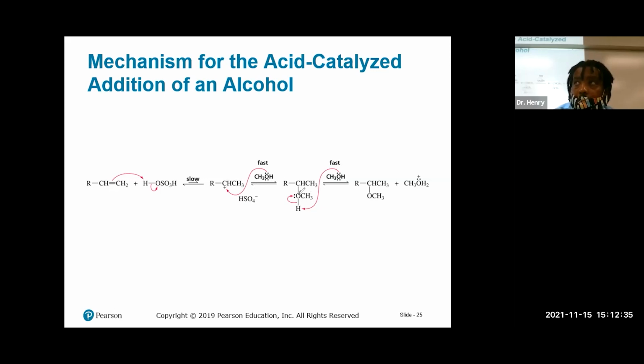So then another alcohol is going to donate its electrons to this hydrogen. Then it's going to donate its electrons to the oxygen here, causing this guy to form our ether.